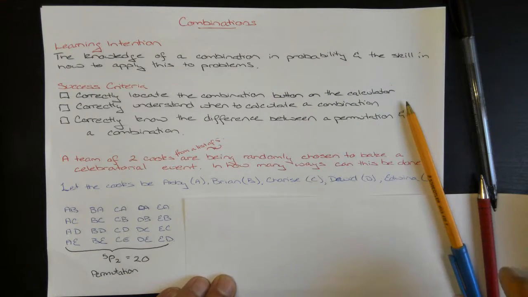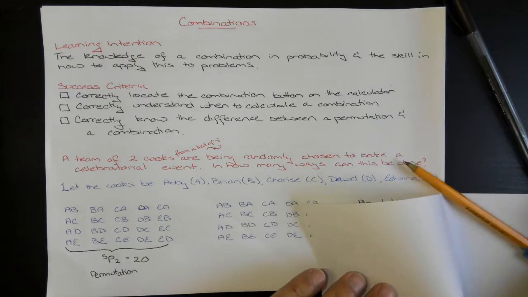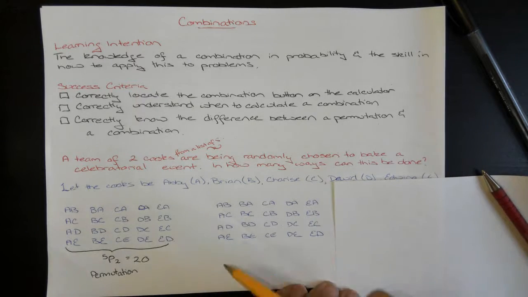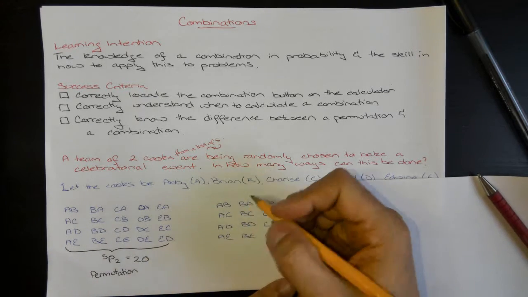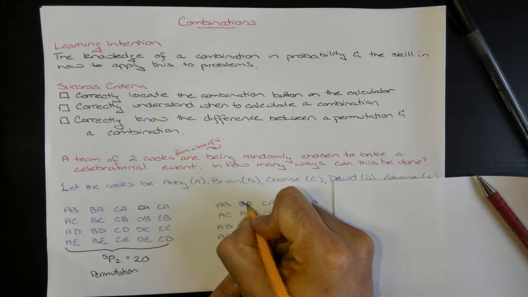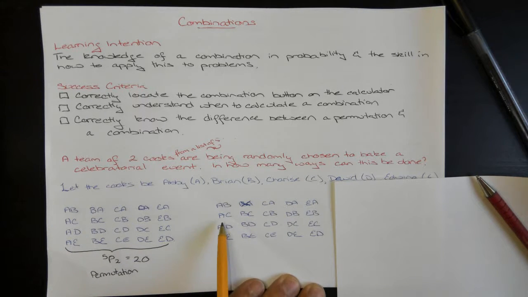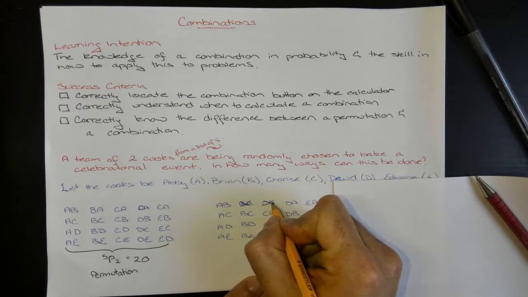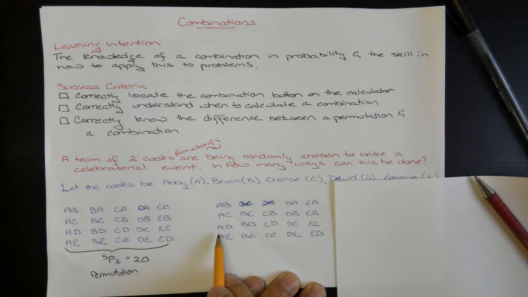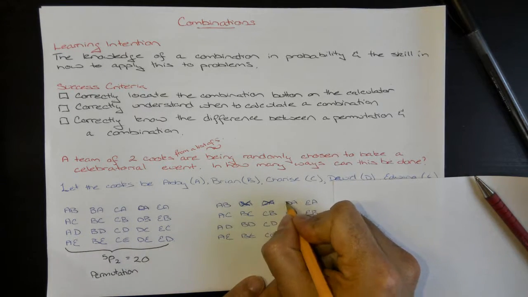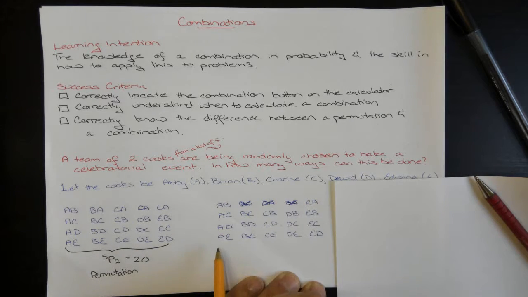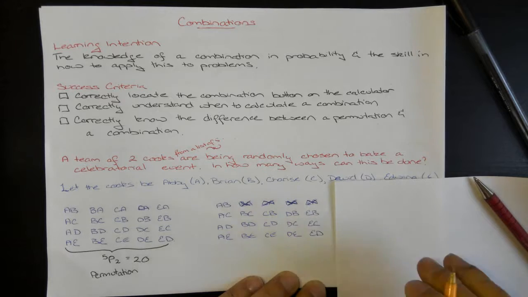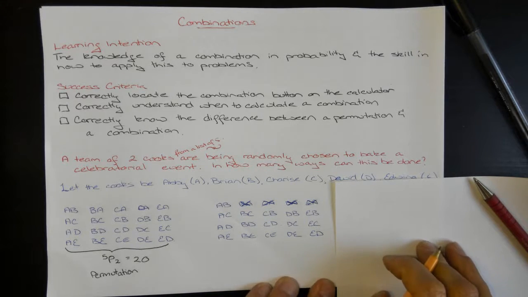So if we go through again, let's cancel out some of the double ups. So Abby and Brian's the same as Brian and Abby, so that can go. Abby and Charisse is the same as Charisse and Abby. Abby and David's the same as David and Abby. And Abby and Edwina is the same as Edwina and Abby. It doesn't matter which order they come in.